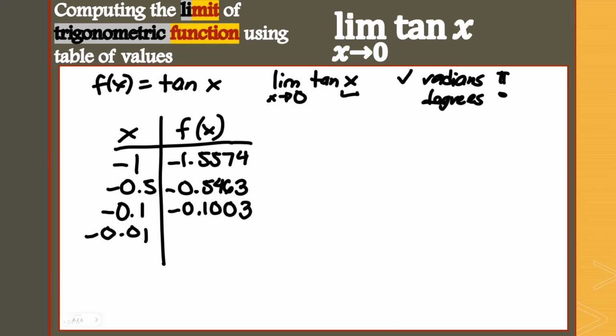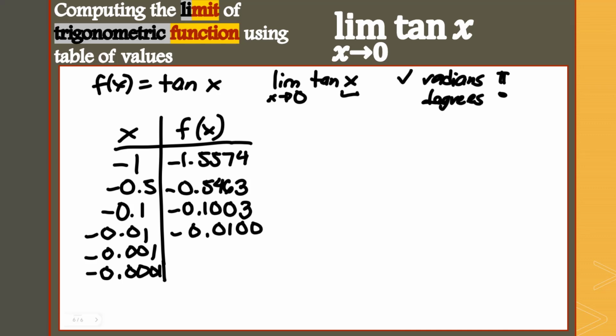Now, to see further the values, let us try smaller values for x: -0.01, and as you can see, we are using even smaller values closer to 0, -0.001 and -0.0001. As you plug these in your calculators, you will have approximated values: for -0.01, you will have -0.0100, that's approximately in 4 decimal places.